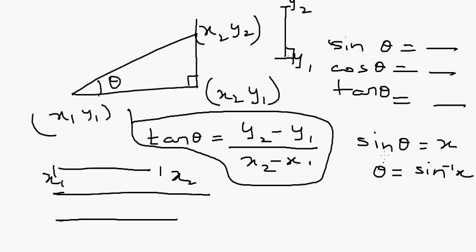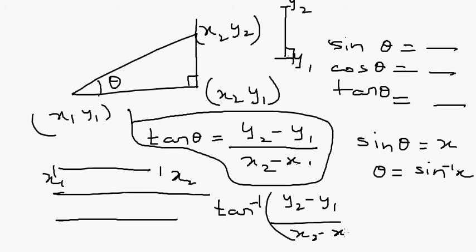If you don't know what that means, don't worry. We won't be using it until later, and at that time I'll introduce the concept of inverse functions as well. So we can write tan inverse of y2 minus y1 upon x2 minus x1 is equal to theta. So that way we get theta.